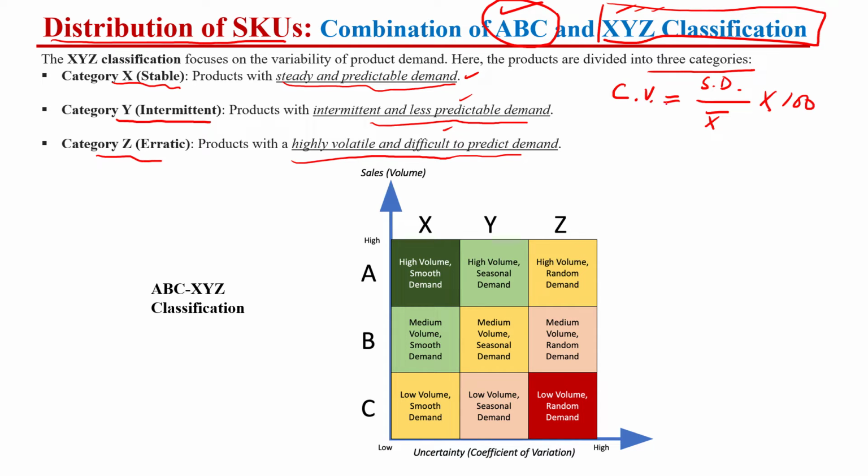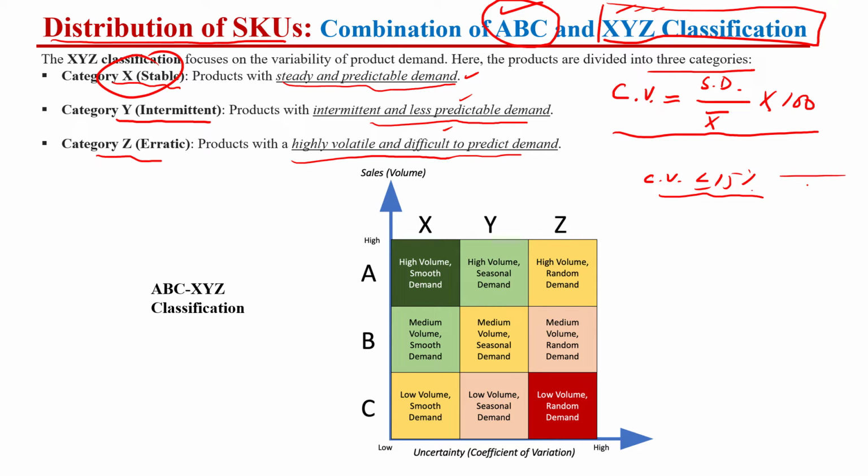So we will get the coefficient of variation of all the SKUs, and based on that, we are going to classify them. Generally speaking, if the coefficient of variation is less than or equal to 15%, those SKUs are classified as X category, which means the smaller the coefficient of variation, the more predictable and stable the product demand, with less volatile demand fluctuation.